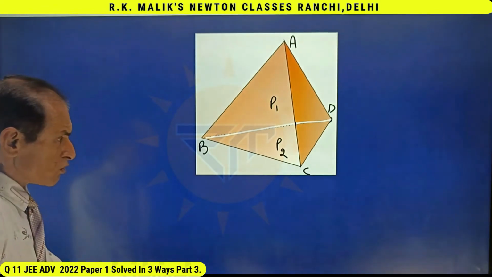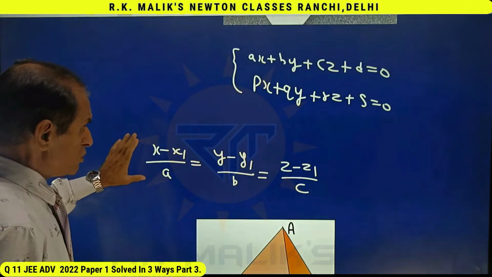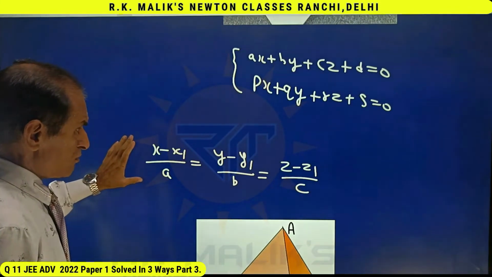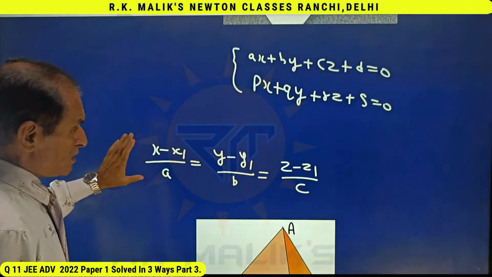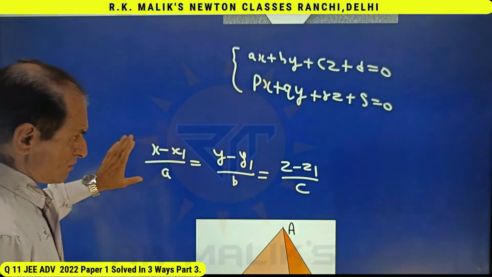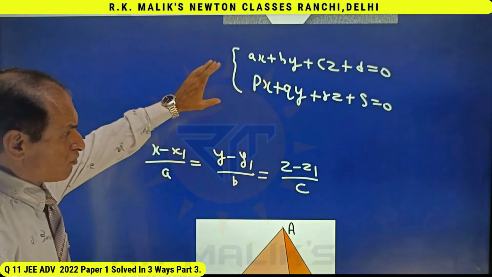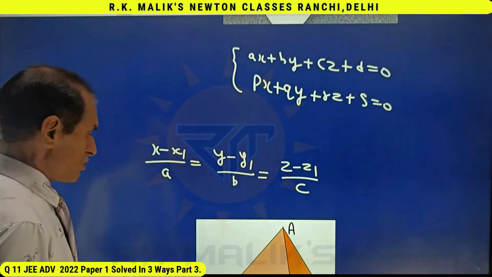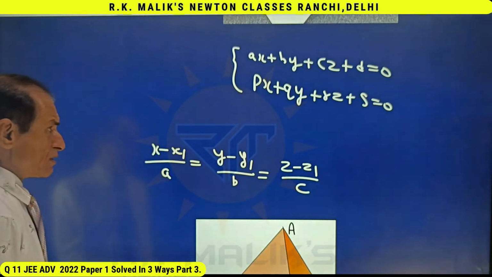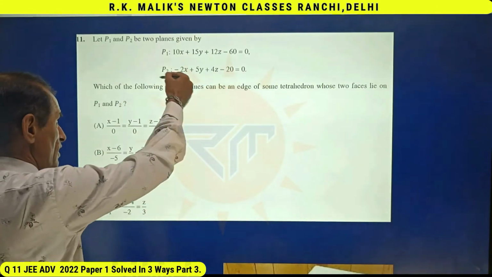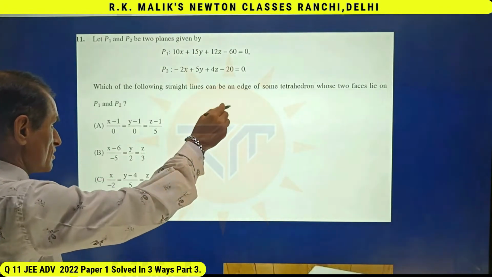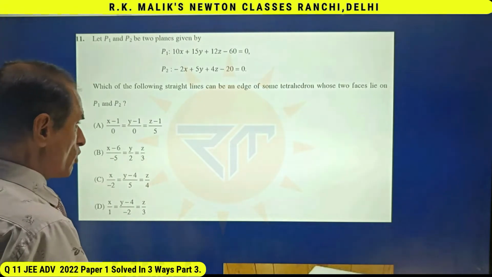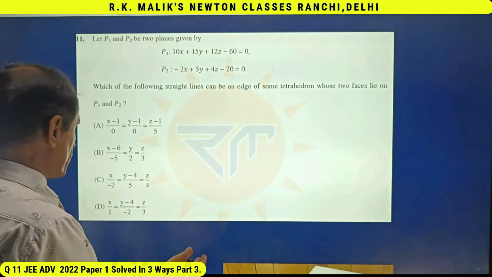And to use the concept I have just told you, to check the coplanarity of two lines when one line is in unsymmetrical form and the other line is in symmetrical form, first of all, I find a plane which passes through the intersection of these two planes. Why I am finding it, you will understand after a few steps.